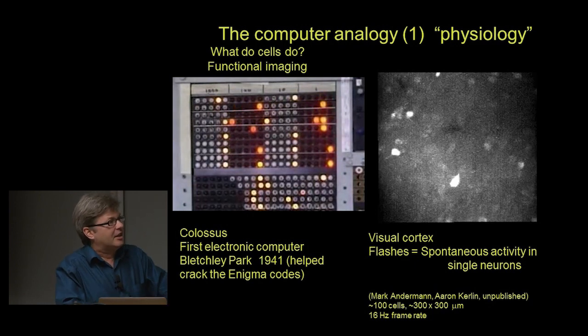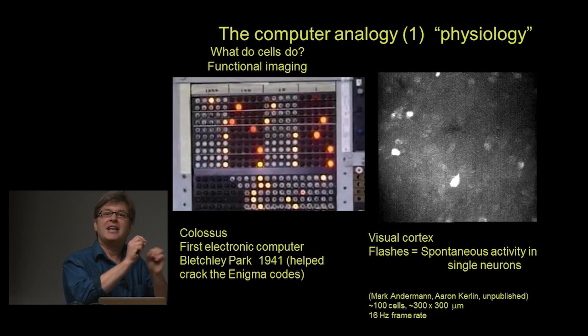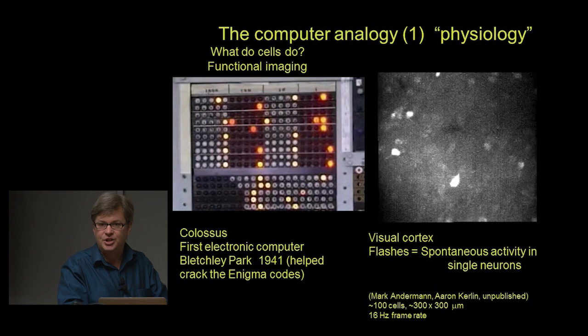And again, I like to use this slide to really illustrate the idea that if you want to understand a computer, you can't just look at a computer and expect to see computation going on. It's important to use all the tricks in the book, and one of the tricks in the old days was looking at a light panel that instantaneously showed the state of the computation in a computer.